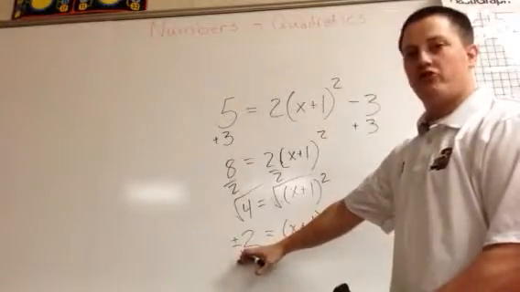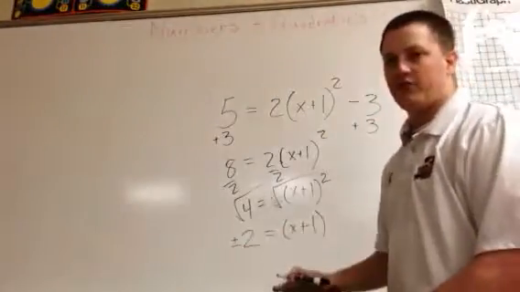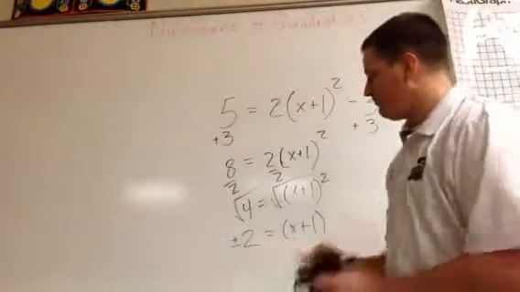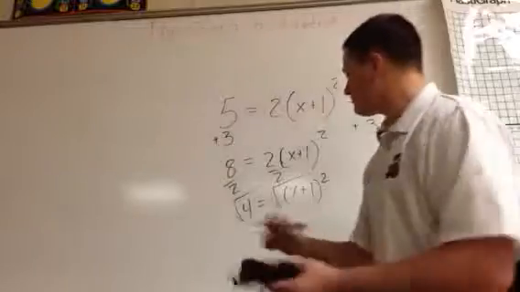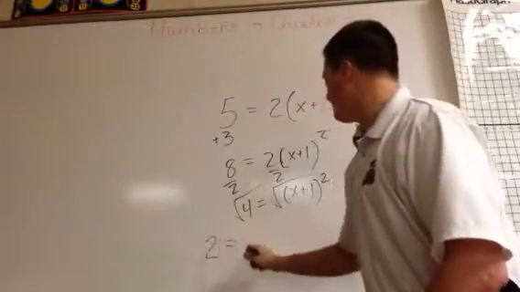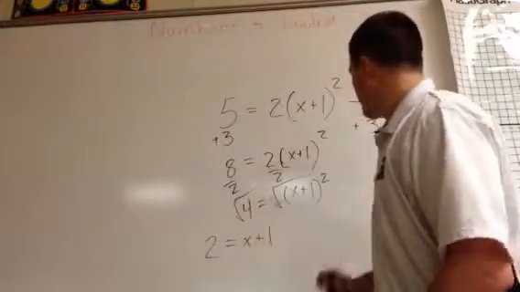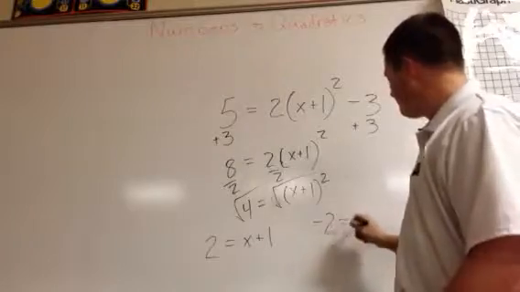Now we have two possibilities, a positive 2 and a negative 2. So what I like to do is write this in two forms. One with the positive and one with the negative.